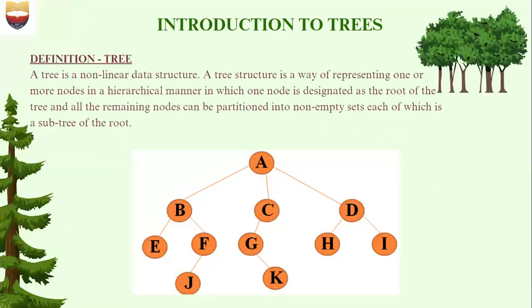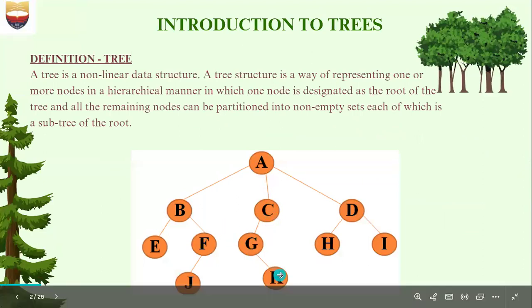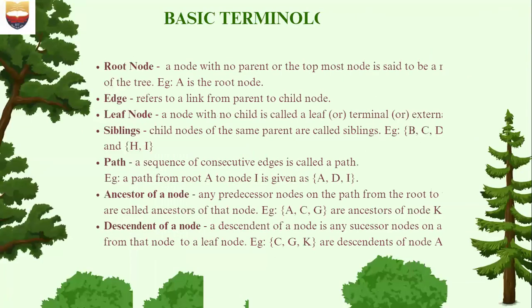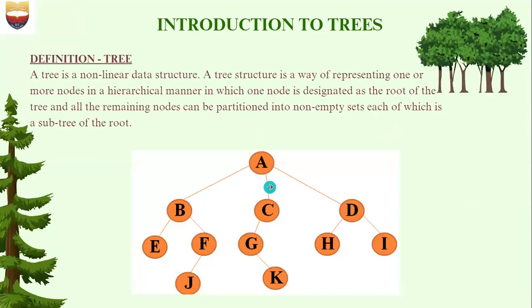Again, you just come to the picture. And here, C, G, K are the descendants of the root node, right? That is, we are going to determine the descendant nodes of the root node, right? And in order to determine the descendants of this particular node, we have to choose the path from that node to the deepest leaf node.